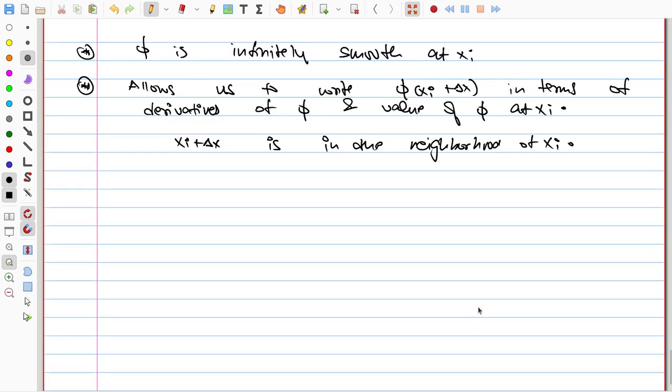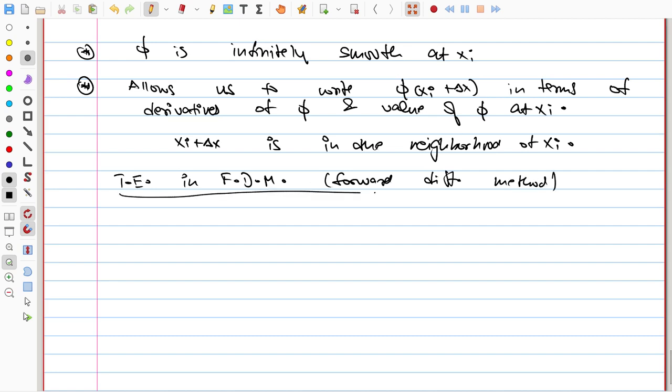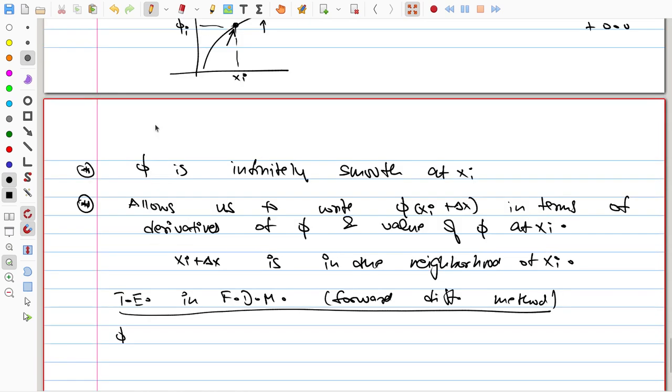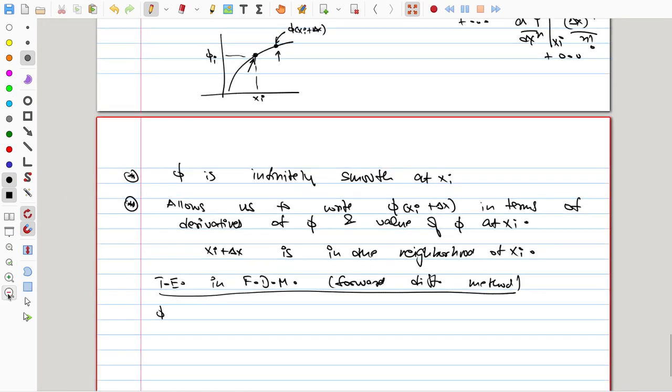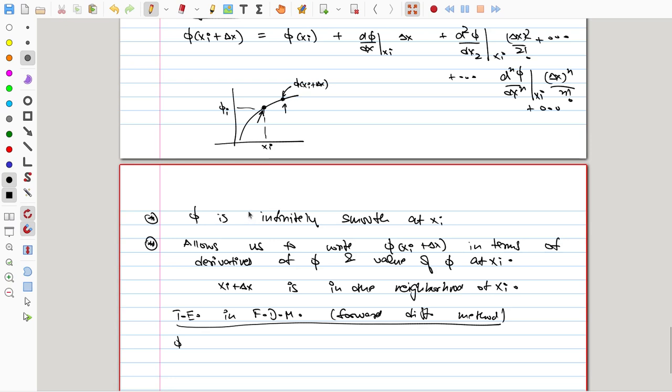So, let us apply the idea of this Taylor series for the forward difference method. So, we will use the Taylor series to find the truncation error in the finite difference, in the forward difference method. I do not want to write the series again, so I am just showing you the series on the top.